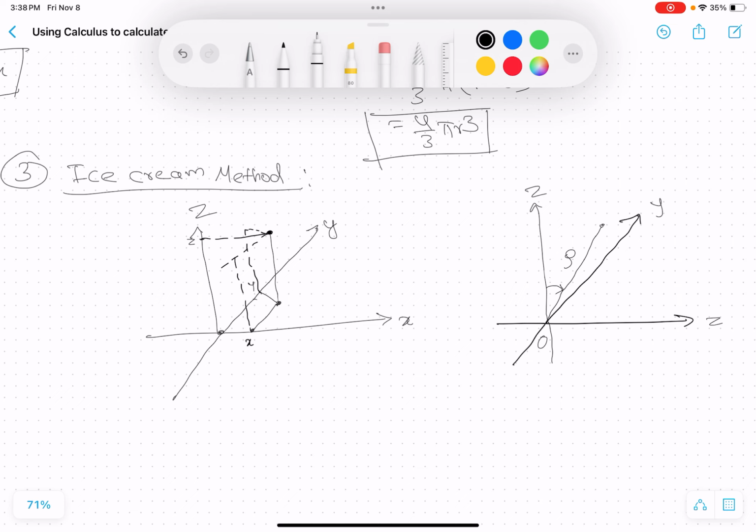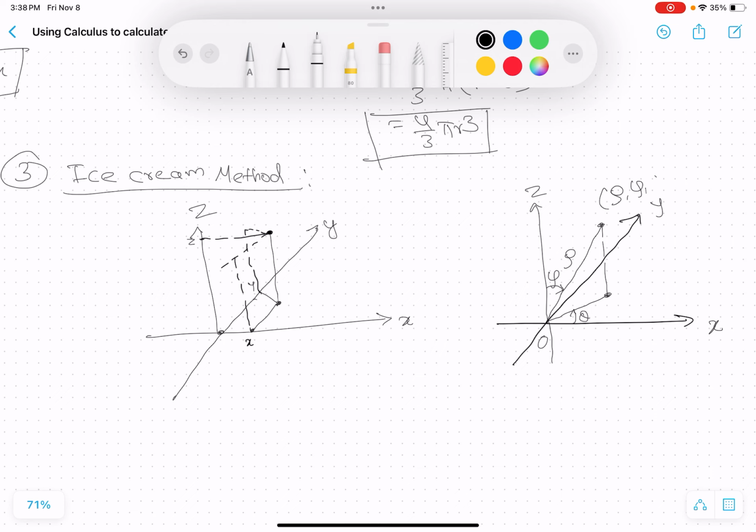And if we project this to the xy plane, the angle made with the x-axis is in this case theta, right? So this coordinate will just be named rho phi theta.